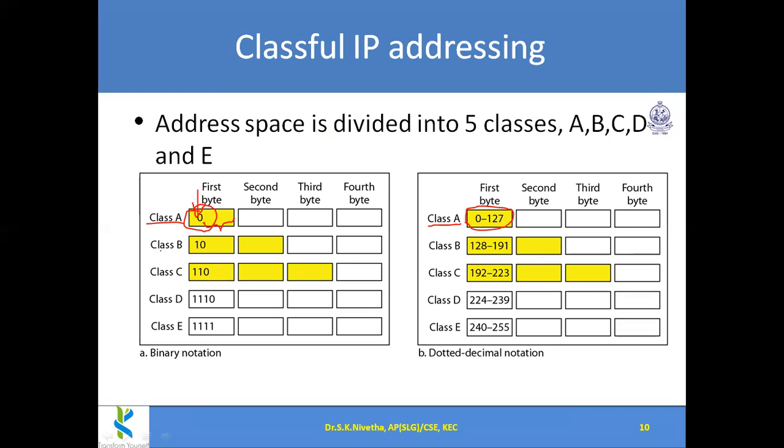Now class B. Class B addresses start with the bits 10, 2 bits fixed, and the remaining 6 bits I can change to anything. If I make all the remaining 6 bits 0, with the first bits 10, then we have the value 128.